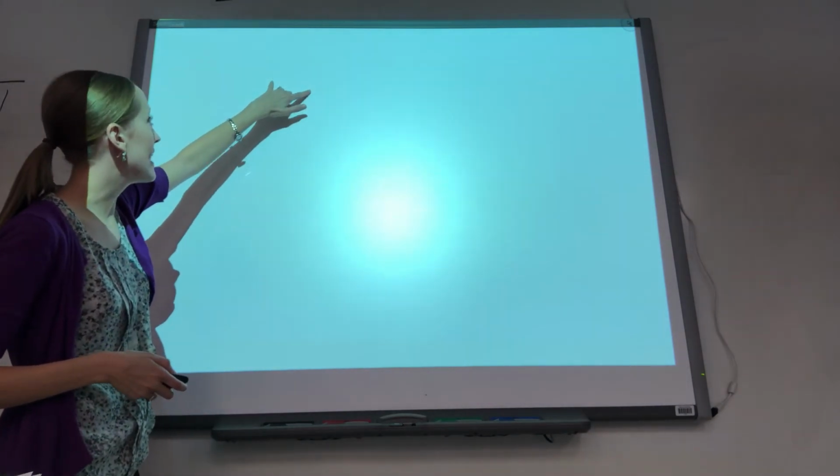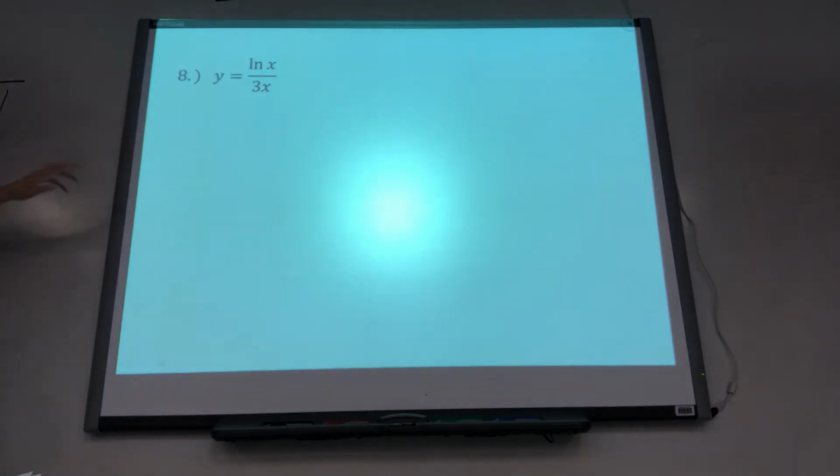Keep that in mind as you look at number 8, last one. The logarithm is not with the entire fraction. It only has a logarithm on top. It says natural log of x over 3x.